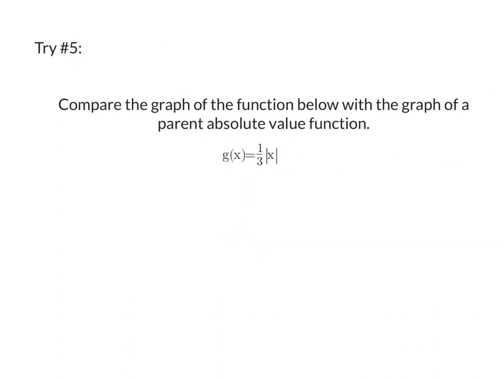All right, so for try 5, we are to compare the graph of the function below with the graph of a parent absolute value function. We just saw the parent absolute value function on the other one. So again, we want to focus on the number that comes in front. We're calling it a slope, but it's actually not. We're going to mirror the image onto the other side.